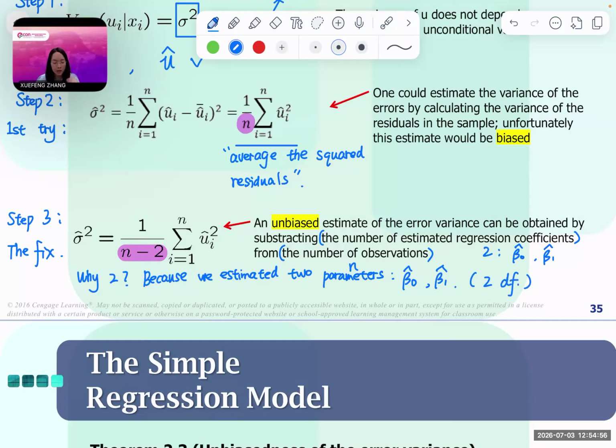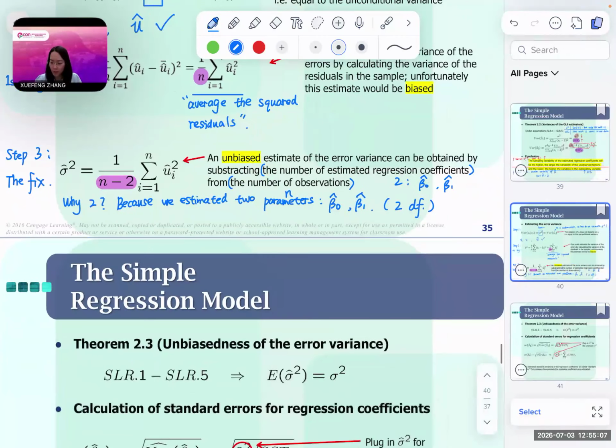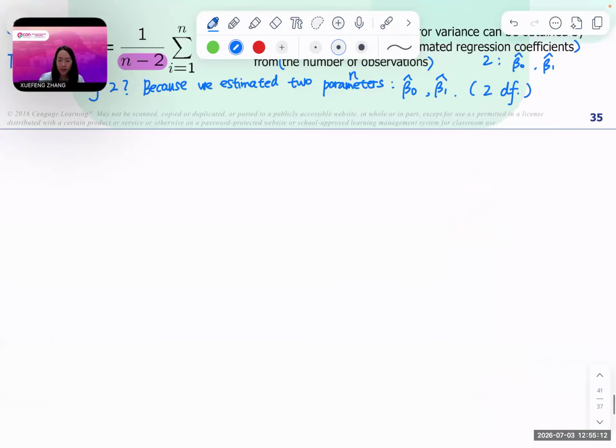You must learn this degree of freedom in your statistics, okay? So we subtract 2. Let me help you with the summary.